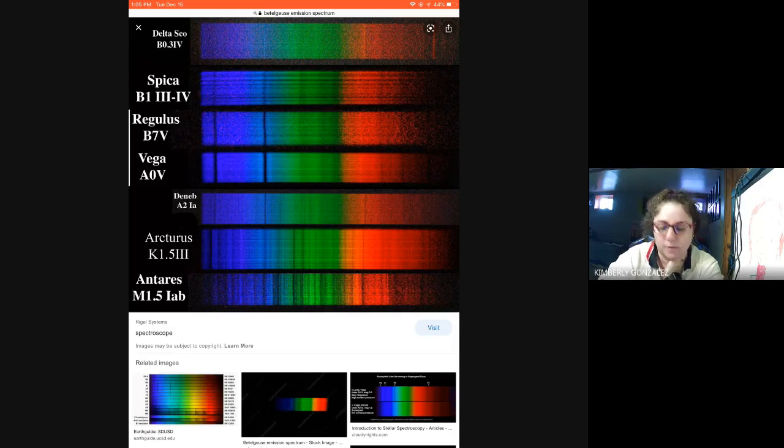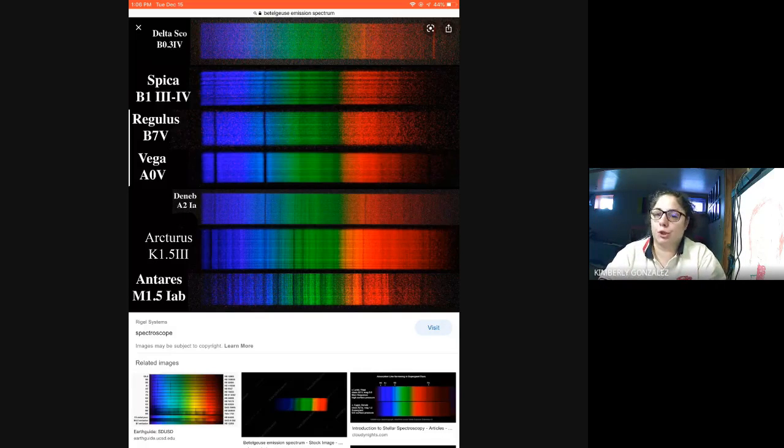Okay, and I will post this, guys, for you. These are all just different ones. Now, the fact that it's blurry like that tells me that there's background radiation interfering with it. When it's a continuous spectrum, it means there are other things also being picked up. So you're going to want to look for the little tiny lines.